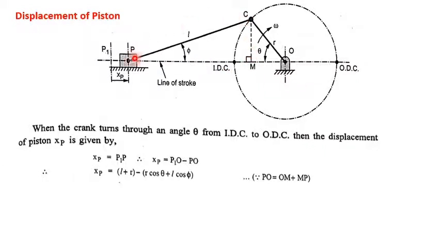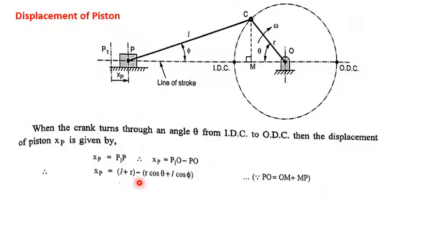If I consider the triangle PCM, PM is the adjacent side, therefore L cos phi. And OM is nothing but what? This is the adjacent side, therefore R cos theta. So in place of OM substitute R cos theta, and in place of PM substitute L cos phi.